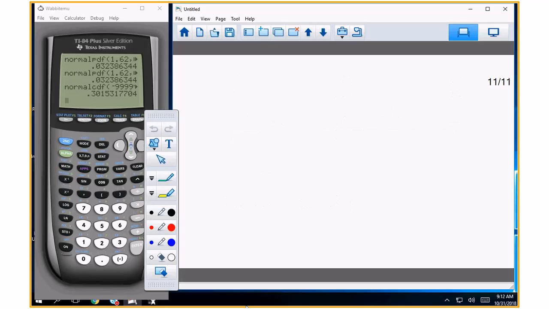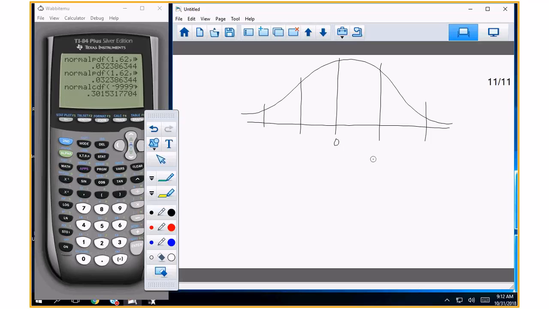All right, so here we go. Let's say that I want to find the area, and I'll call it X, between negative 0.5 and positive 0.78.